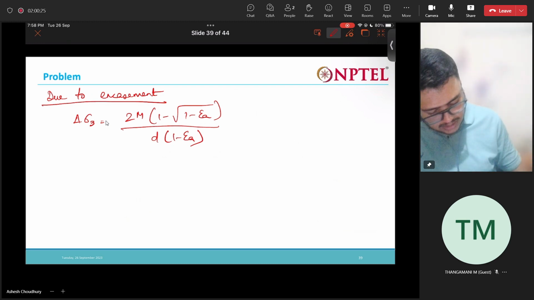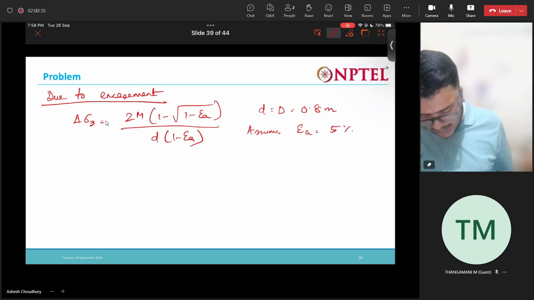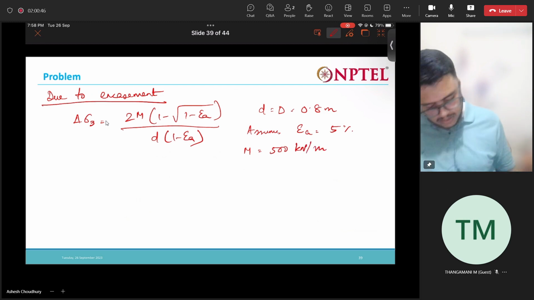D we know. Let us assume the strain as 5%, and say we are using a geosynthetic, the secant modulus of the geosynthetic is 500 kilonewton per meter.